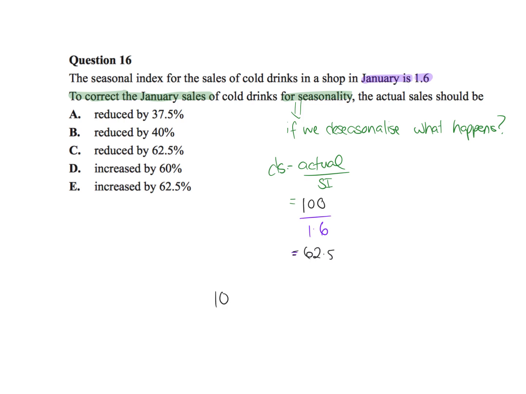So I started at 100 and I went down to 62.5. What did I drop by? I decreased by, what was it? 37.5. Okay, if you're a bit unsure, 100 minus 62.5 equals 37.5. That's what we're doing there. So it reduced by 37.5. All right, next one.